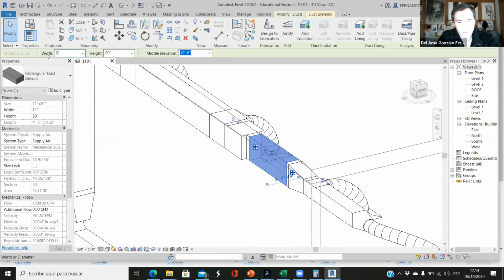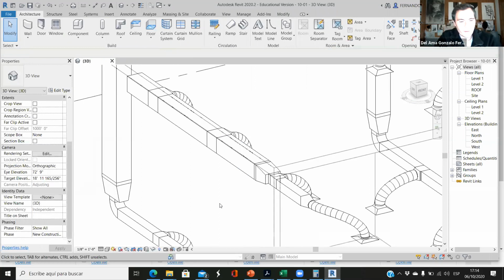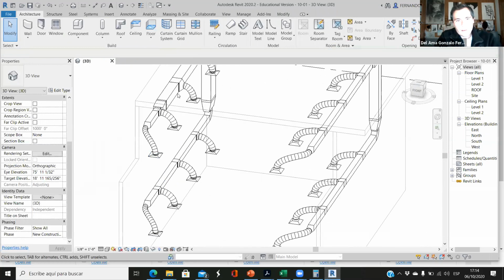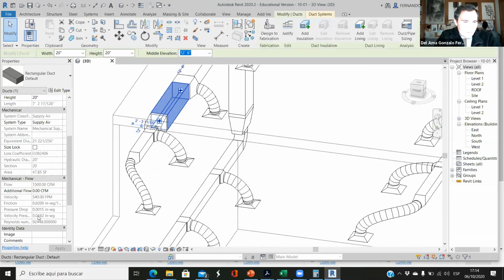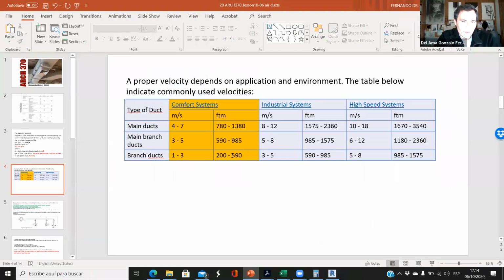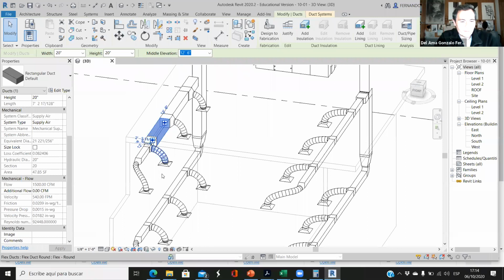It's not 11, it's 20. Okay, there you go. So this branch now, well, it's okay, it's 540. Yeah, so it's below 590. Okay, so I think this is good.